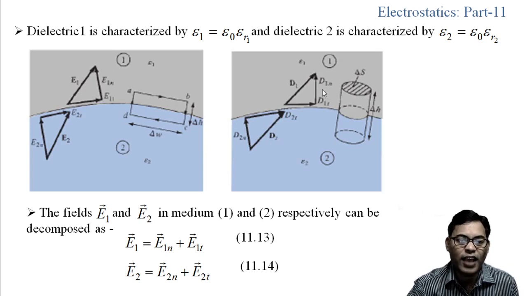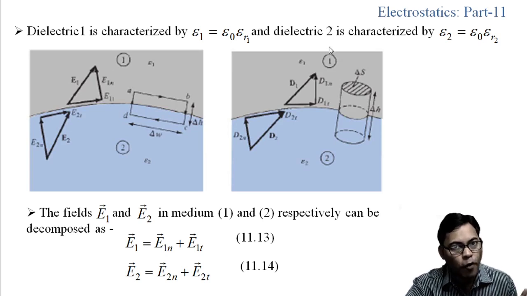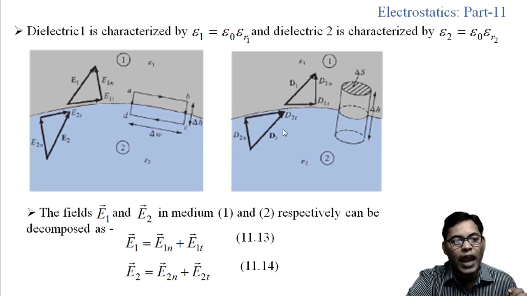If you consider the same flux density moving from medium 1 to medium 2, no problem, but to understand better, we consider that in medium 2 the flux density is D2 and in medium 1 it is D1. So first we decompose D1 into D1t and D1n.